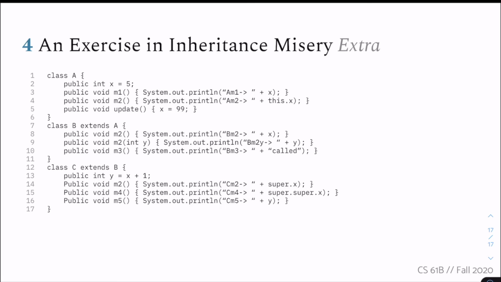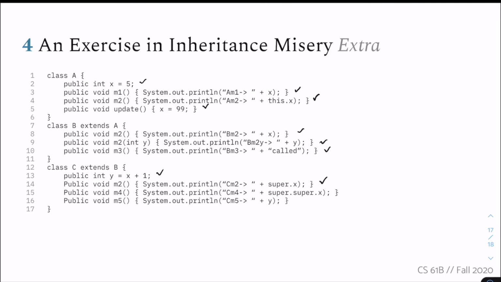Okay, welcome back. So first, let's just go through class A, B, and C and see if there's any errors that we can find there. Looking through class A, this line checks out, this line checks out, this line checks out, this line checks out. Same with all the lines in B. This is fine. This is actually perfectly allowed, if you were wondering. This is also fine. Here we hit a bit of a problem.